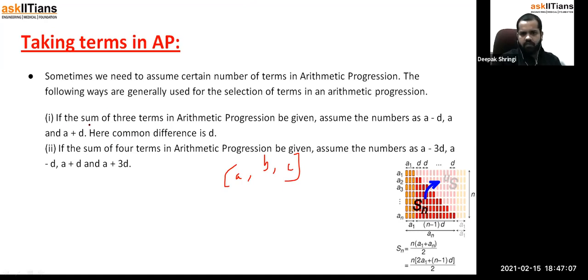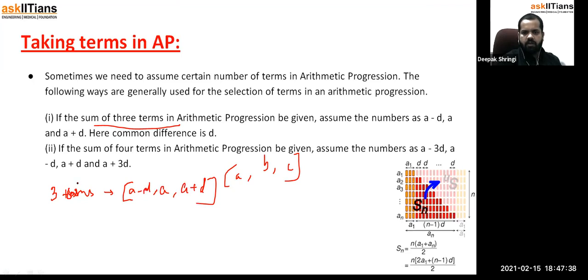If the sum of three terms in an AP is given, assume the numbers A minus D, A, A plus D. The common difference is D, right?